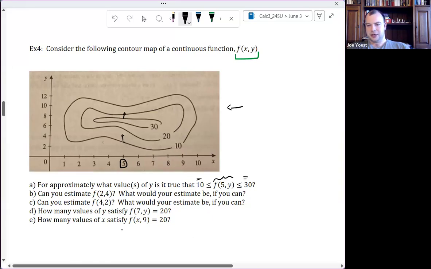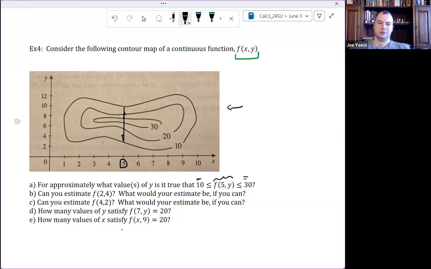So it sure looks like for the set of y's that span that line whenever x is 5, I start at 10 on the bottom, climb up to 20 and up to 30 as I'm increasing y, and then down from 30 to 20 to 10 on the other side as I continue to increase y. It looks like that's the set of y's that would give me outputs between 10 and 30.